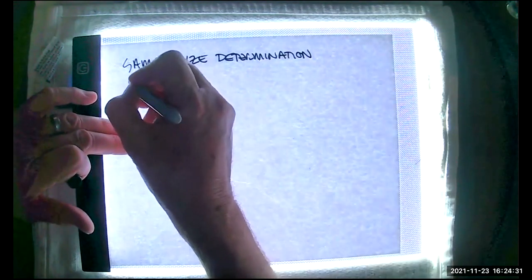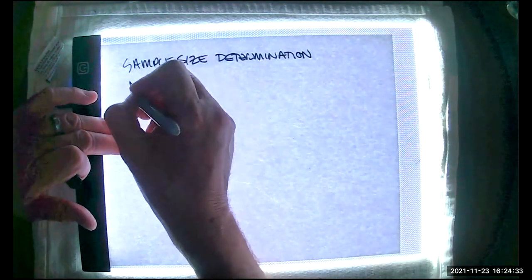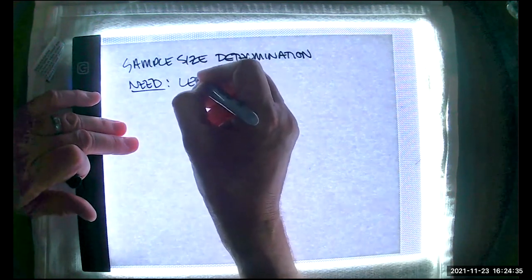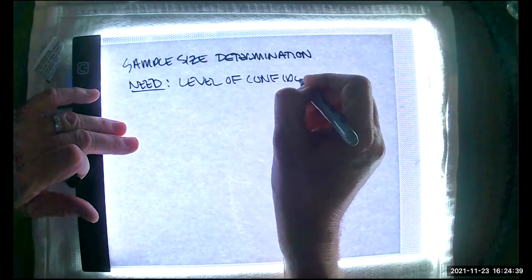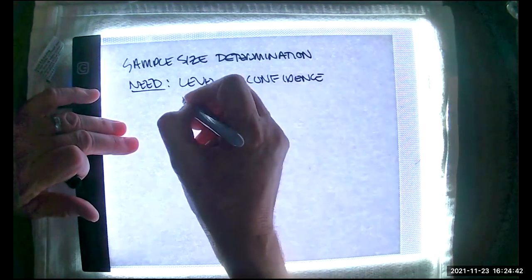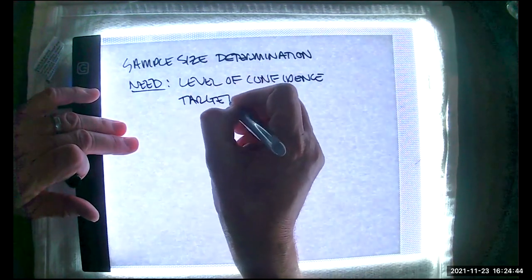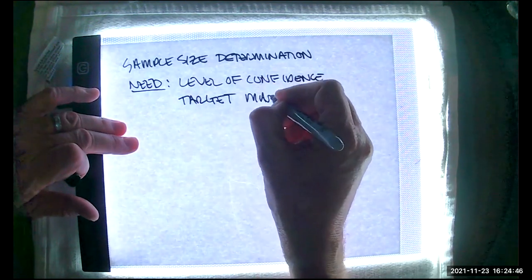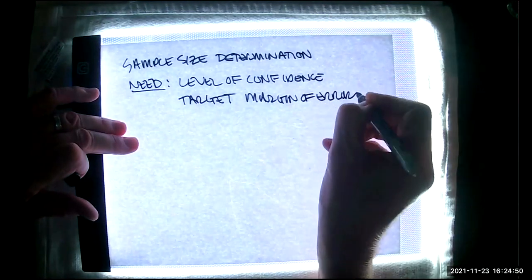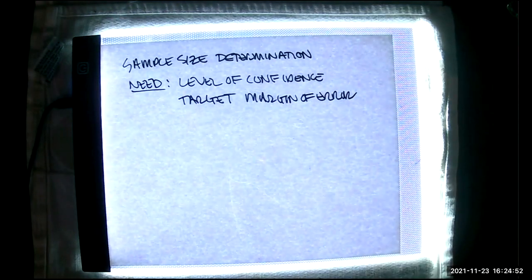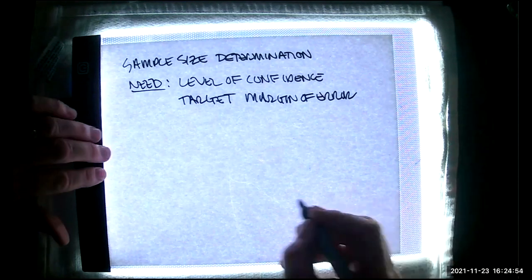So we need to be given a couple of details. We need a level of confidence, and we need a target margin of error. And we have two distinctly different formulas.